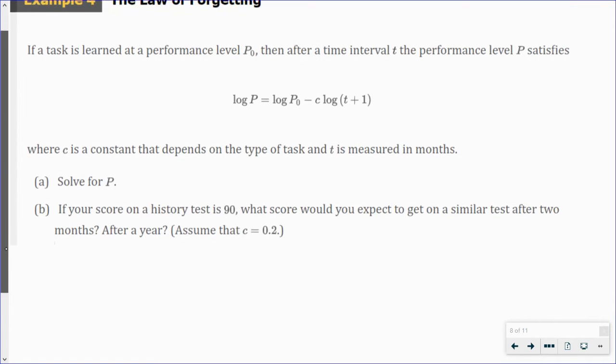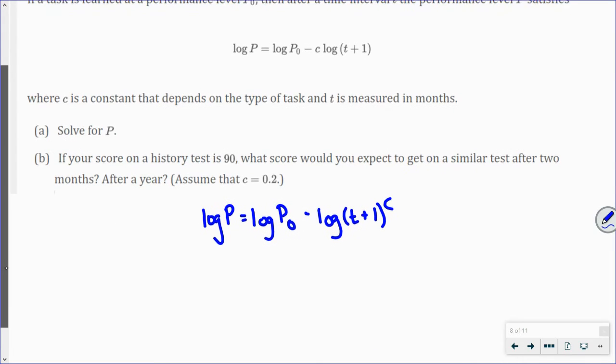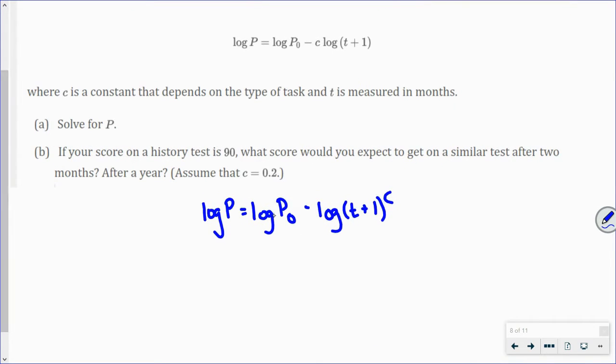Okay, so I'll come down here. We notice that C is right here, so we can take this C to an exponent. So we have log of P equals log of P naught minus log of T plus 1 to the C. Now we have subtraction here, so I can combine those over division.